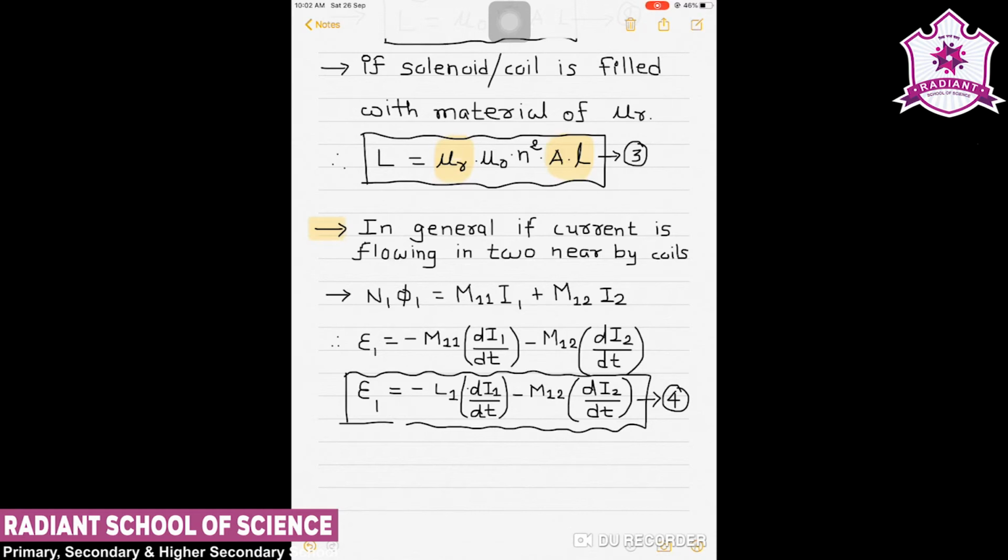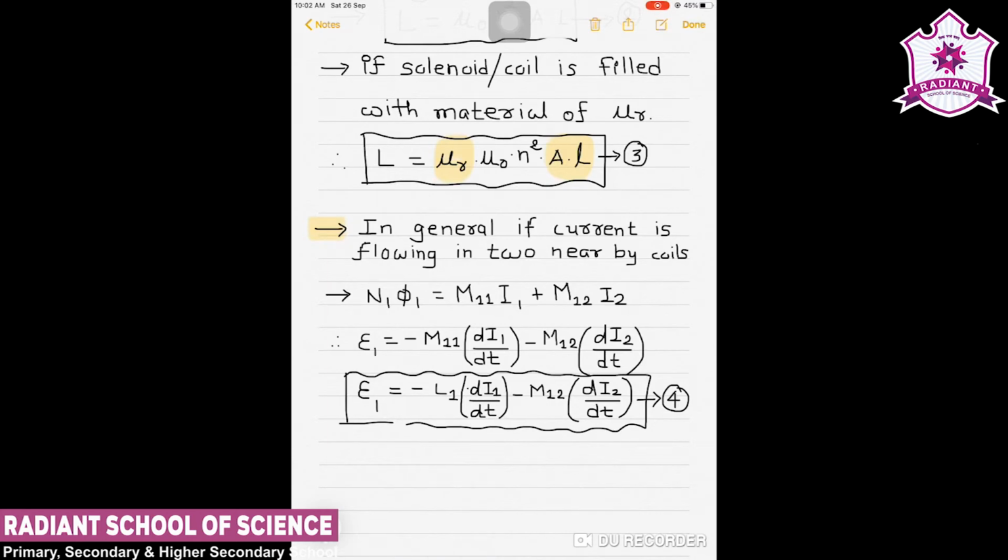Now if we apply Faraday's law, we can say that E1 equals minus M11 di1 upon dt minus M12 di2 upon dt. Now we replace M11 with L1 because it is the self-inductance of the coil. We can write E1 equals minus L1 di1 upon dt minus M12 di2 upon dt. So this is the case that we have considered over here.